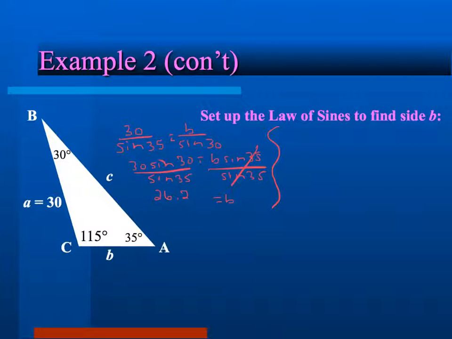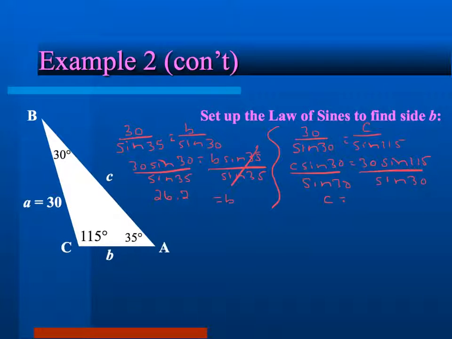I don't want to use the rounded value of 26.2, so I'm back with 30 over sine 30 equals little c over sine 115, and then cross multiply. And little c is about 54.4.